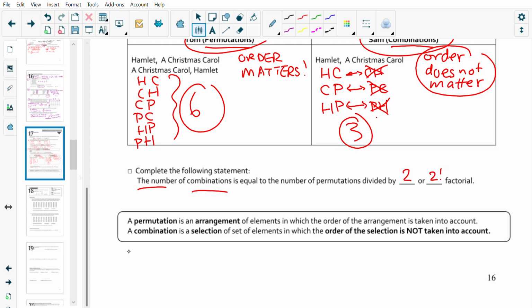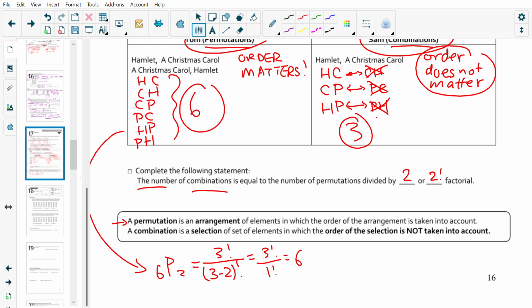So if I show a permutation, in this case, permutation of 3 things taken 2 at a time, that's 3 factorial over 3 minus 2 factorial, and that's just 3 factorial over 1 factorial, and that equals 6.